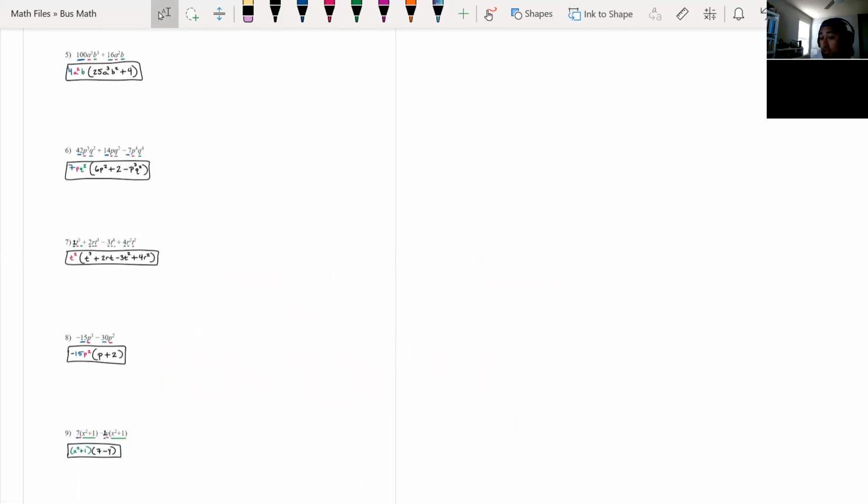So that finishes the factoring by just the greatest common factor. Any questions on that page?